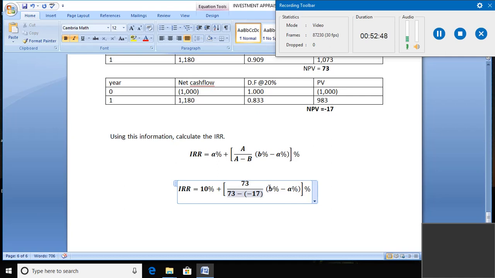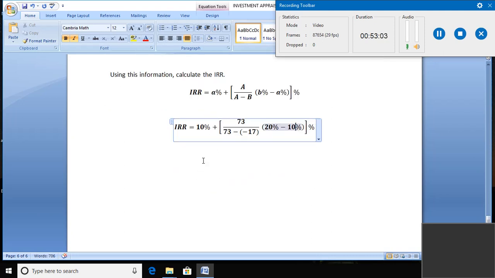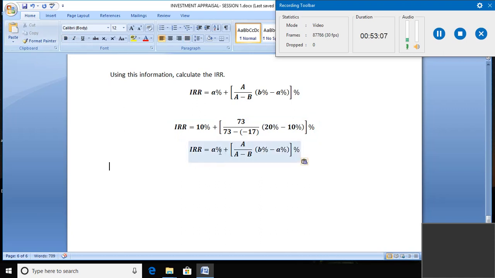So do it like that. Then you come to B. What is B? We have concluded B should be 20% and A should therefore be 10%. So let's see where this is going. We bring down the formula there. This is 10%, this is 73.